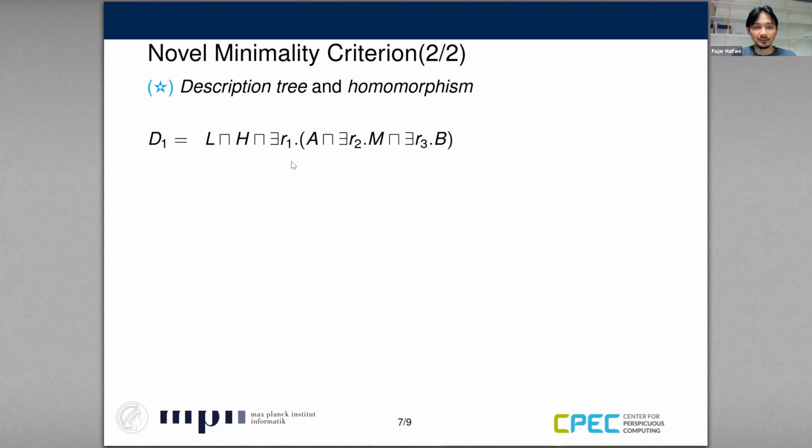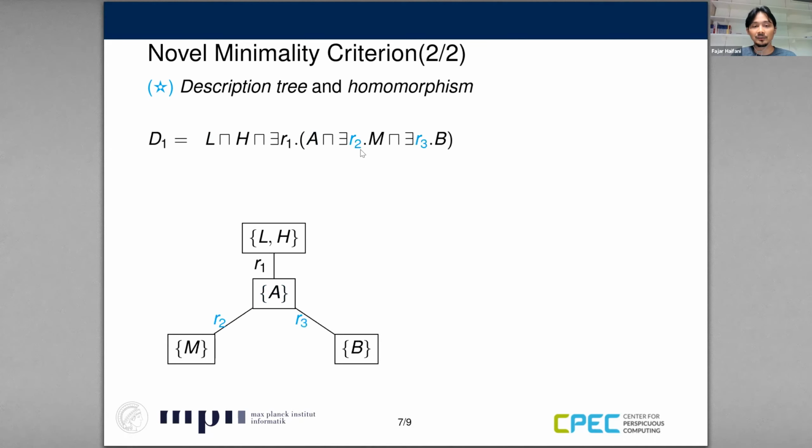So for this example, first from the topmost level, you collect the atomic concepts and put them as labels of the root node. And then whenever you see a role restriction, you go down one level and put a label on the edge and do it again as before. You put A here, and then for each role restriction, you go down one level, branch it, and also put the atomic concepts in the label sets.